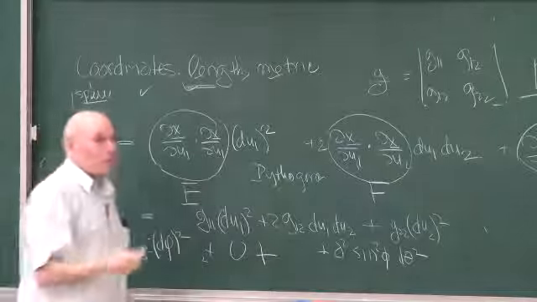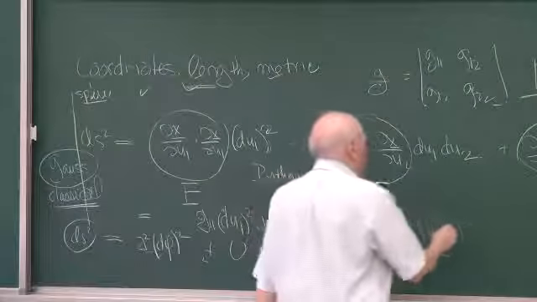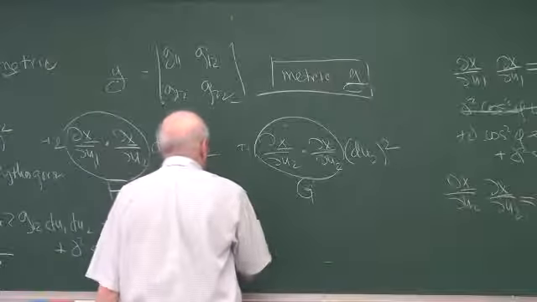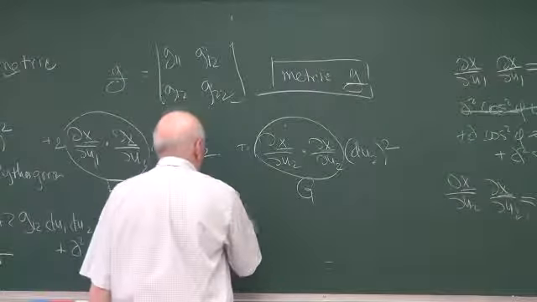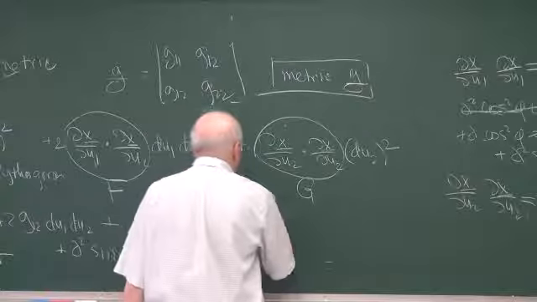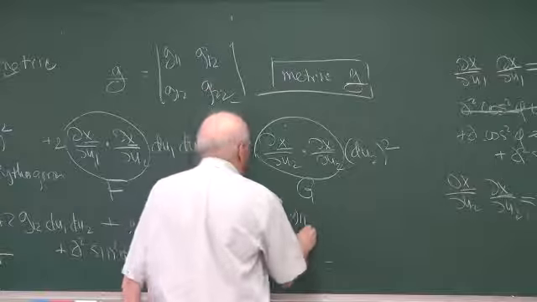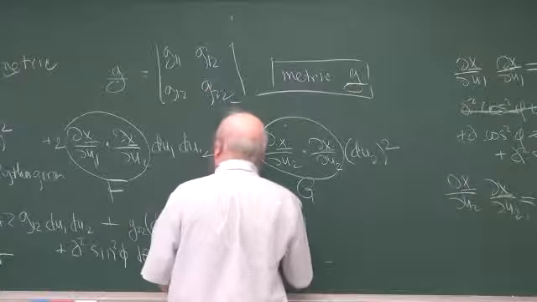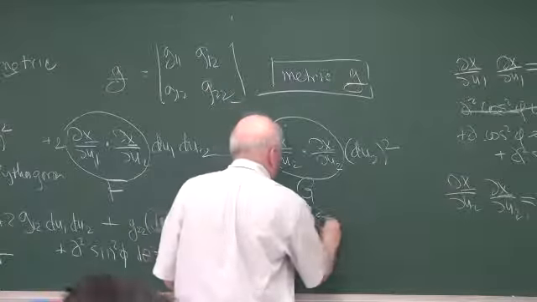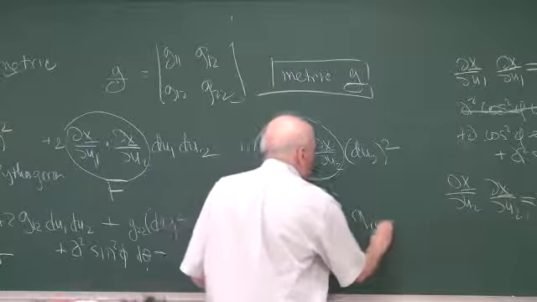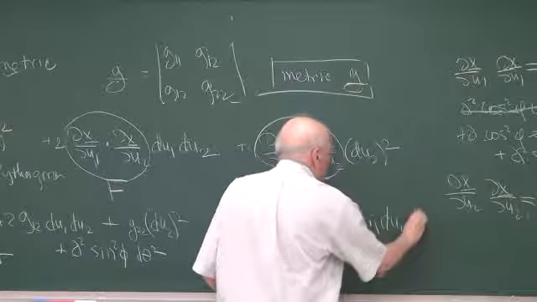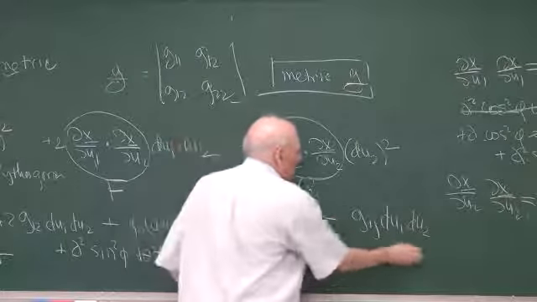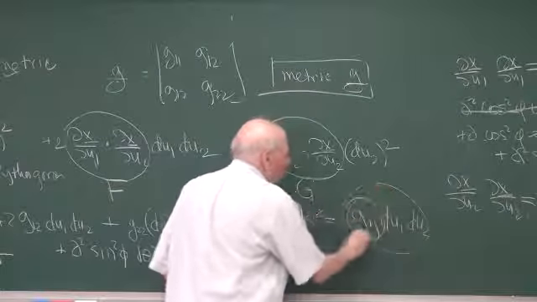The metric is the first fundamental form, which is the s squared. I wrote it out, so I don't have to write it again. Didn't I have it here? Okay, oh yeah. So the s squared in fancy notation is that. So this is the first fundamental form.